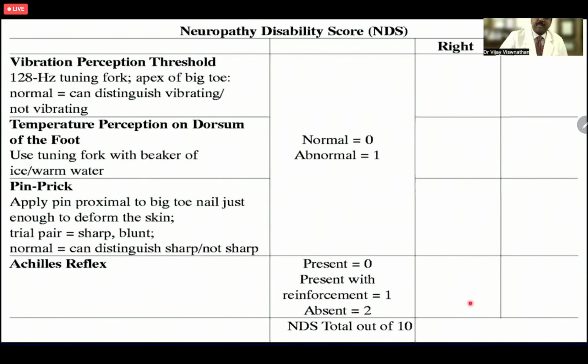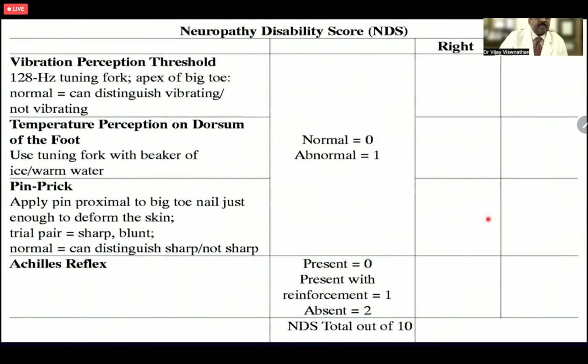The neuropathy disability score was developed by Caroline Abbott and by Professor Andrew Boulton from Manchester. It's a very simple method of diagnosing loss of protective sensation in the feet by testing with a 128 Hz tuning fork, testing the temperature, pinprick, and the ankle jerk by using a knee hammer. If you can't elicit the ankle reflex, you give 2 points.